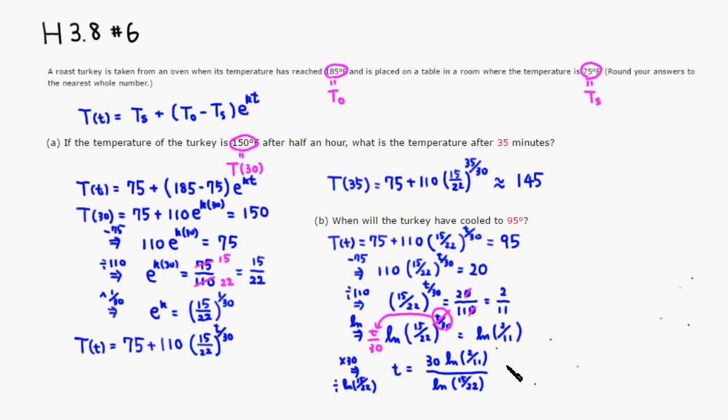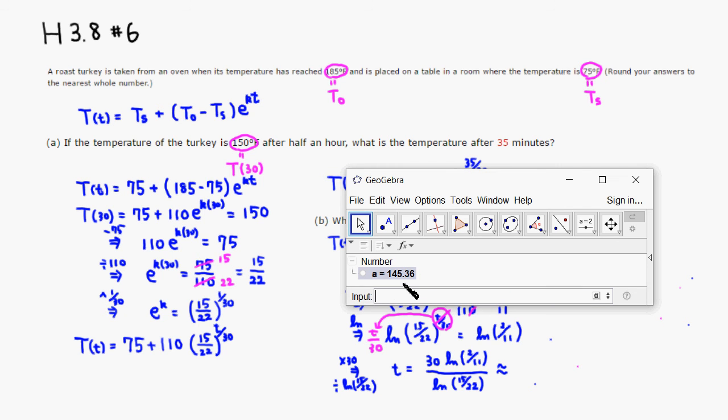Let's bring up GeoGebra and compute 30 times the natural log of 2 over 11 divided by the natural log of 15 over 22, and hit enter.